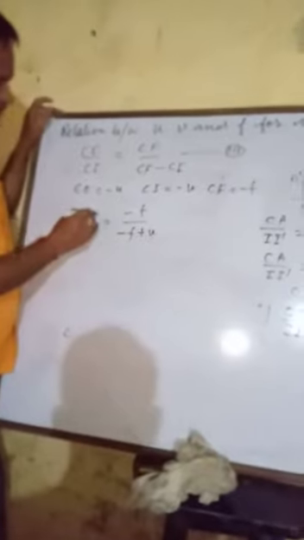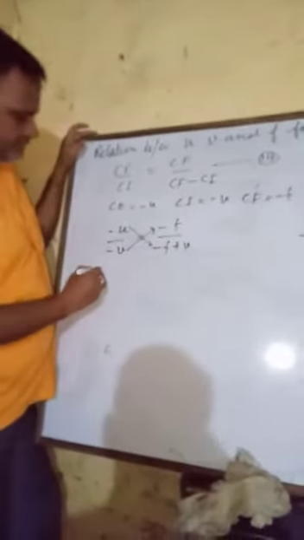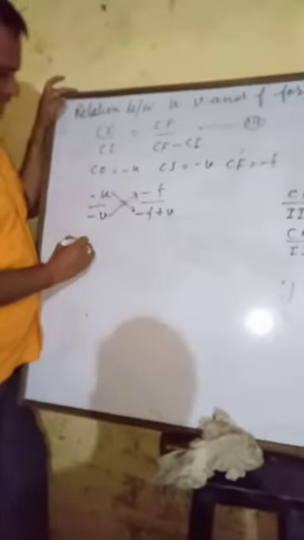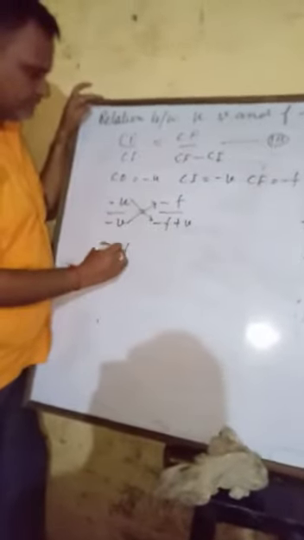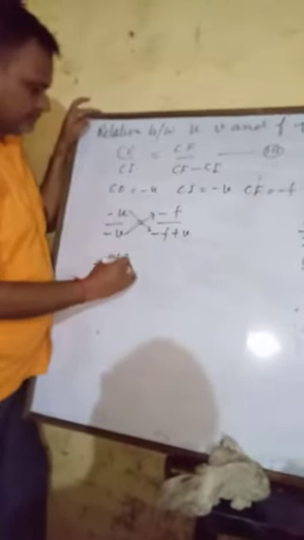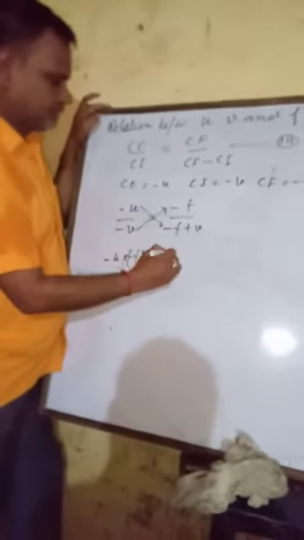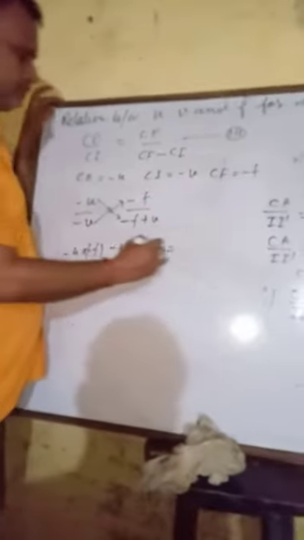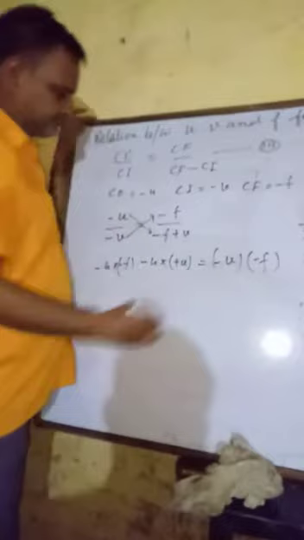If we cross multiply, then in the next step we will get minus u into minus f minus u into plus v, that is equal to minus v into minus f.